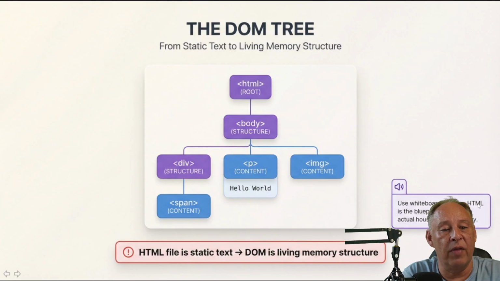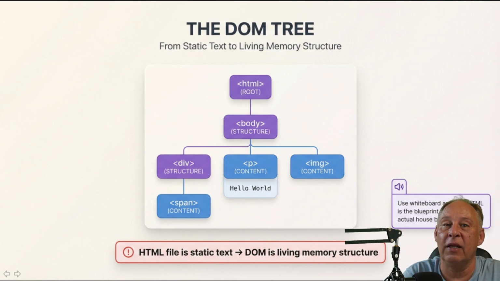So you can think of the HTML code as the blueprint, and the DOM is the actual house built in memory. So the whole thing is built in memory, and then the HTML is displayed, and from the HTML you see the headings are bigger than the paragraph font and so forth.